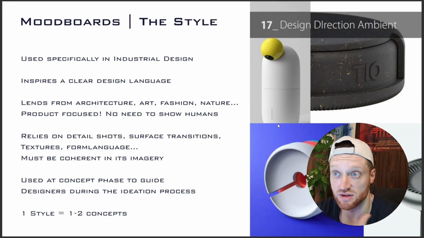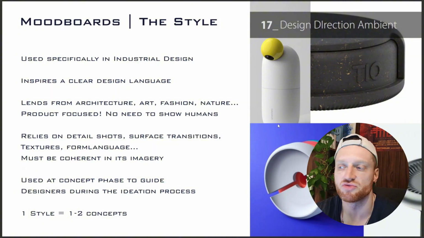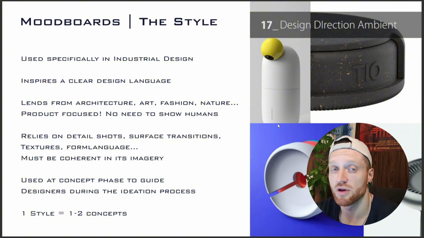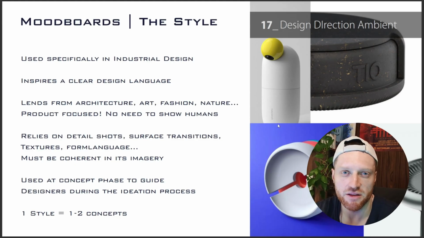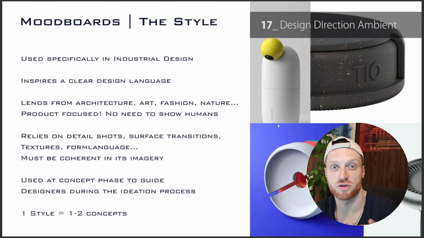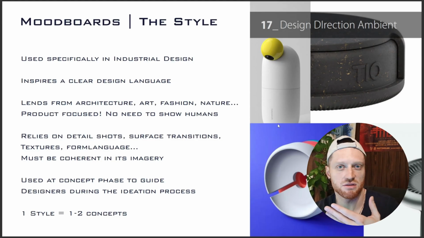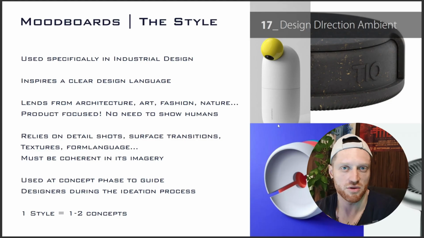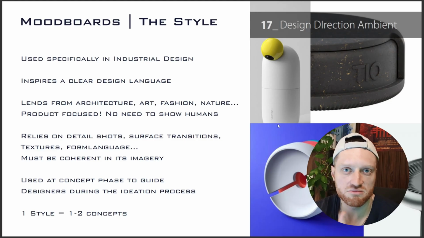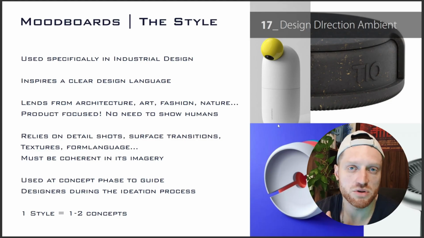And in order to create a Styleboard that is effective, it must be coherent in its imagery. So it's a problem if you have something very cubic and something very round, if it's not clear that either of these images is just meant for a specific aspect of a product, or that it is meant as a complementation of one main soft form language, if you will.